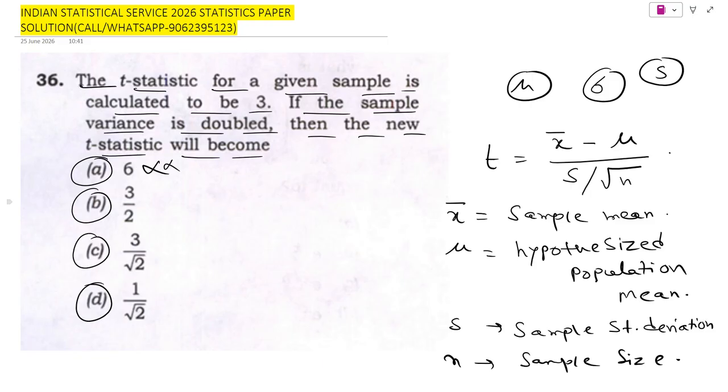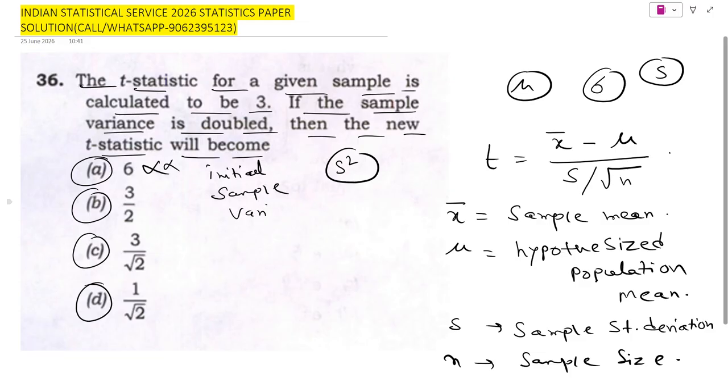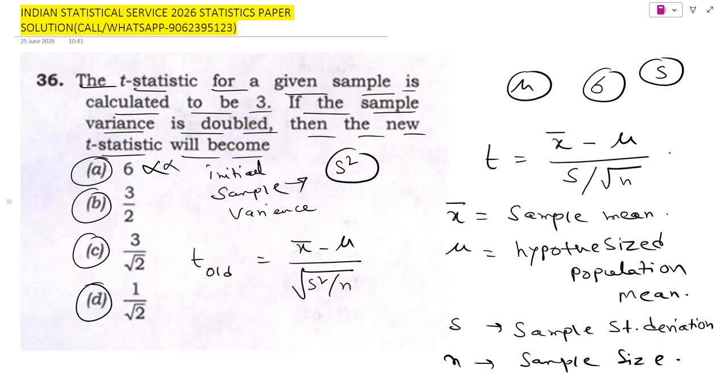Let the initial sample variance be S square, and the initial t statistic is given by x bar minus mu by root of S square by n, which is 3. The problem tells us that the sample variance is doubled.